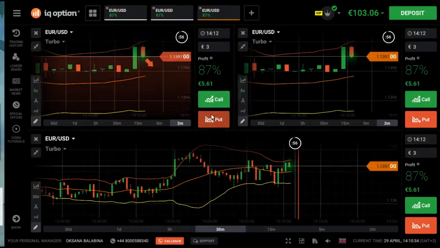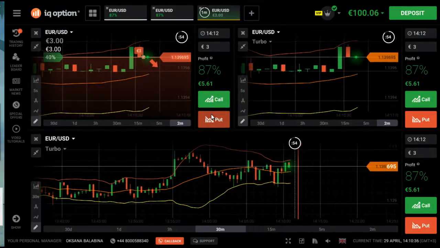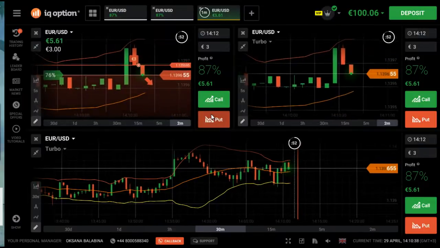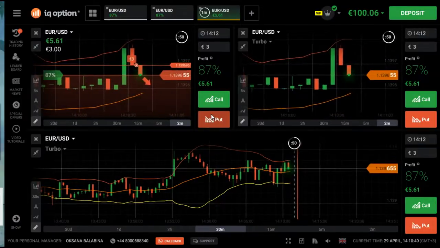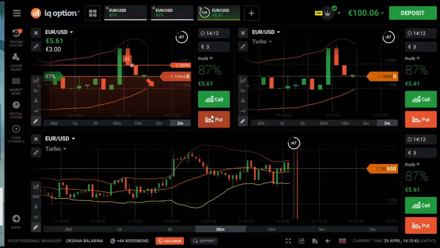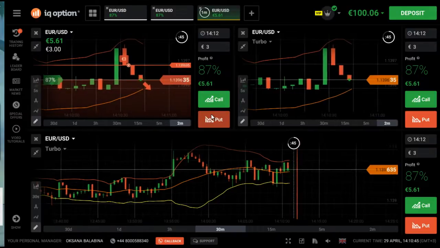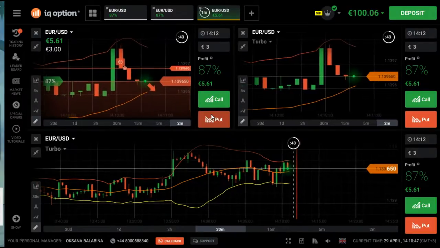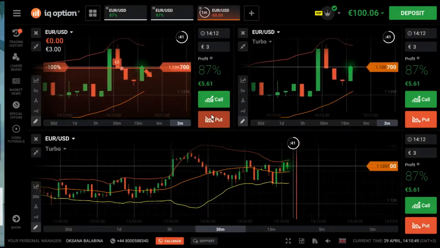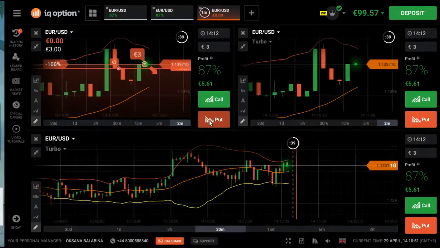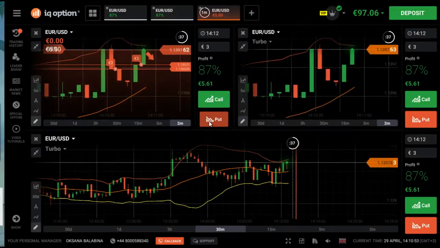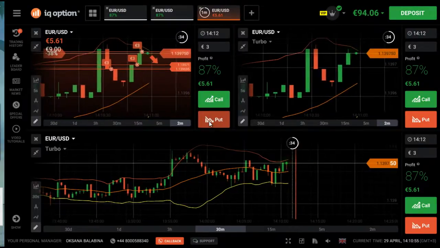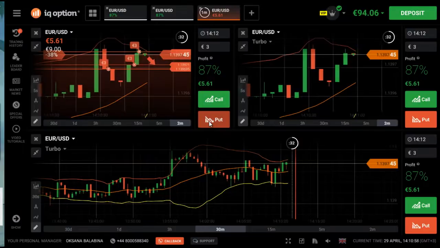So now the green hit the top Bollinger Band, so I went for the reversal. I'm nesting because the green kind of a resistance came back.